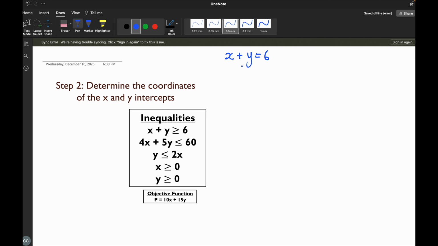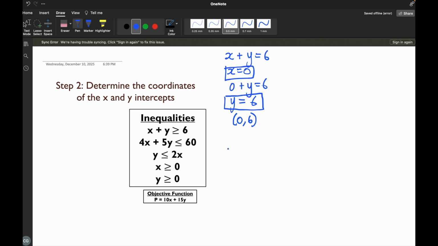So x plus y, we start off with x being equal to 0. So we substitute, replace that x with 0 plus y, which is equal to 6. So therefore, when x is equal to 0, y is equal to 6. So my first coordinate for x plus y equals 6 is going to be 0, 6.